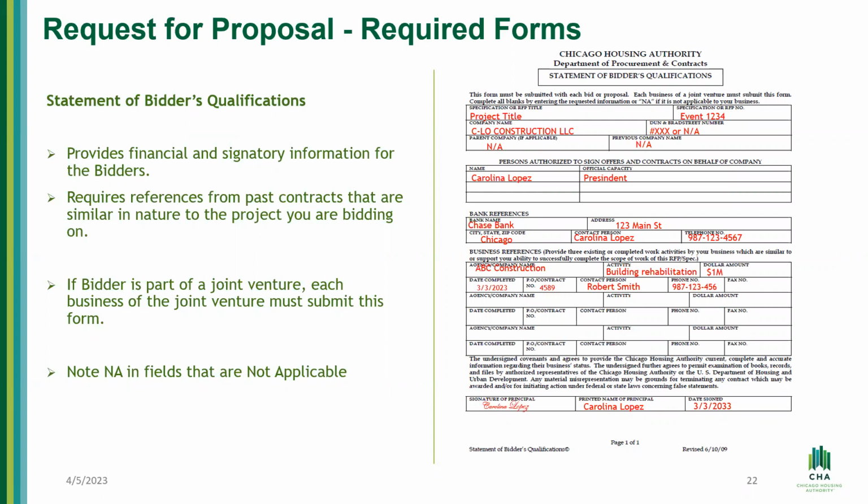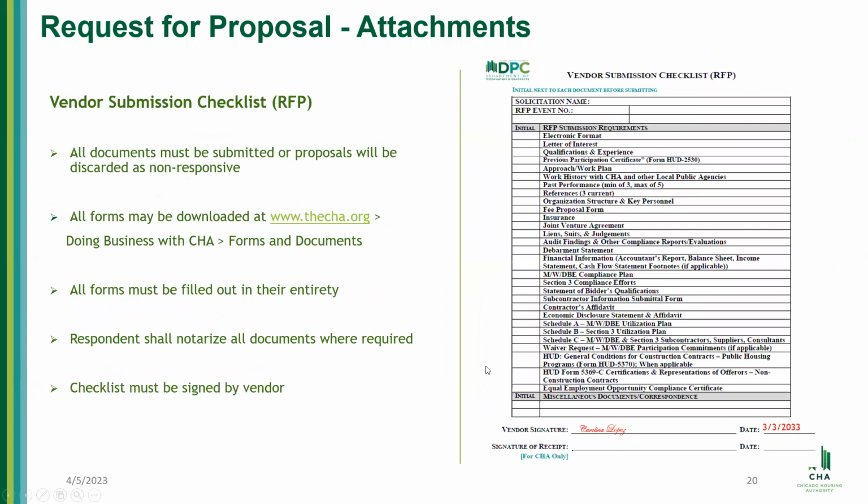And then two slides previously, it says that a checklist has to be signed by the vendor. Can you go back to, I think it's slide 20? Yes, that one. Where would they sign that? Is it where it says vendor signature? Yes, under that, and then you'd put the date next to it. The second signature box is for CHA representatives. Okay, so is this checklist given to you when you go and see a job, or is it attached when you look at the event?